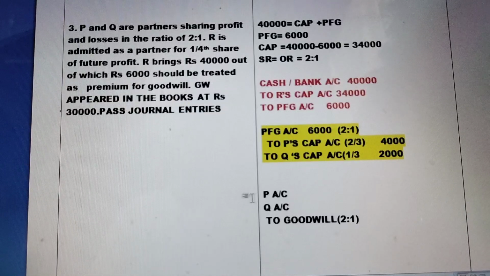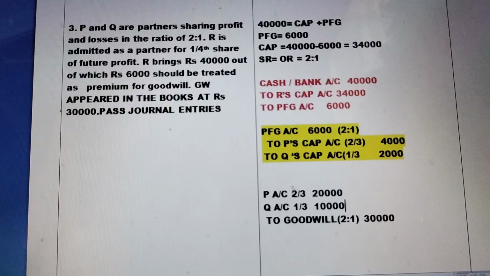So when you have to cancel the old goodwill, you debit the old partners and credit goodwill. They will share in the ratio of 2 is to 1: 2 by 3 P and 1 by 3 Q. So two-thirds of 30,000 is equal to 20,000 and one-third is equal to 10,000.